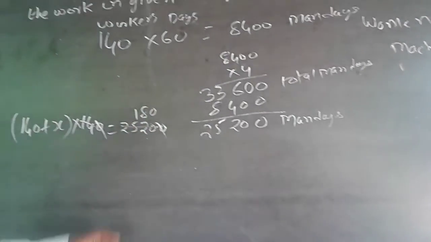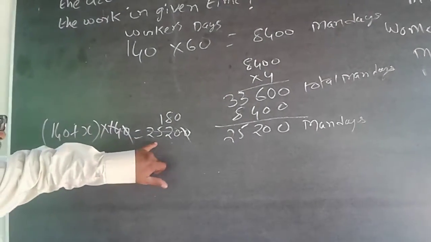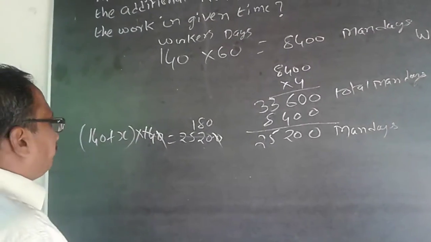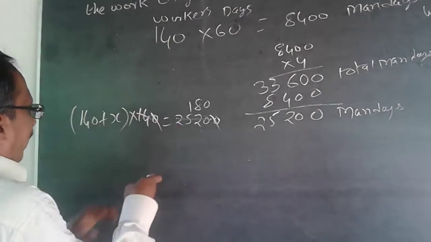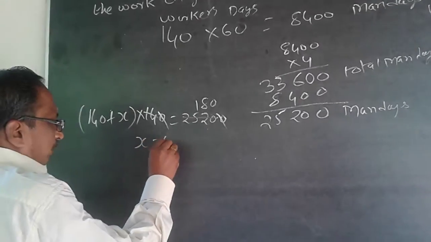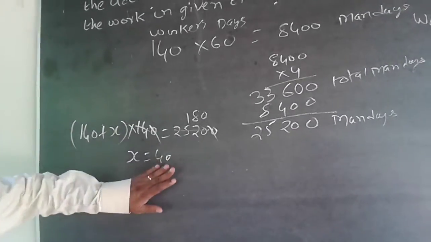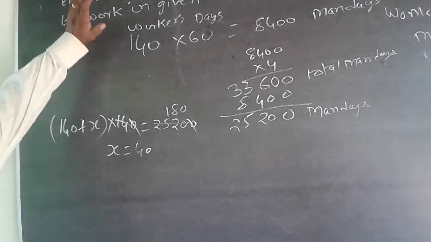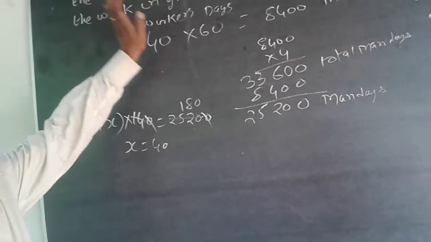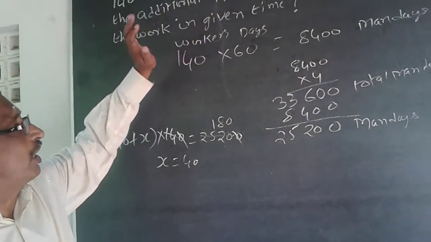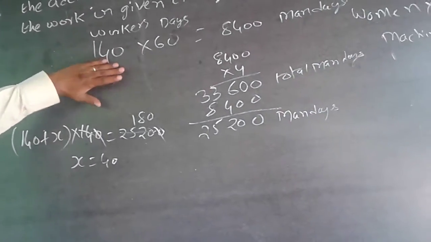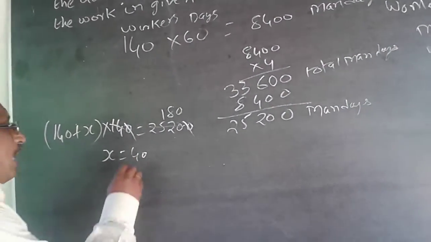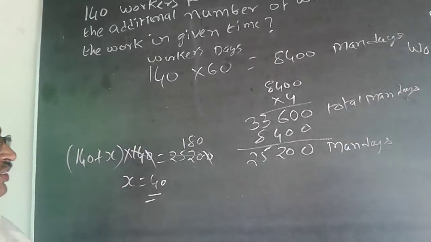So 140 plus X will be equal to 180, or X will be equal to 40. So the answer is 40 extra workers are required to complete the remaining work in 140 days. 140 will already be there, plus 40 is required. The answer is 40 workers are required to do the job.